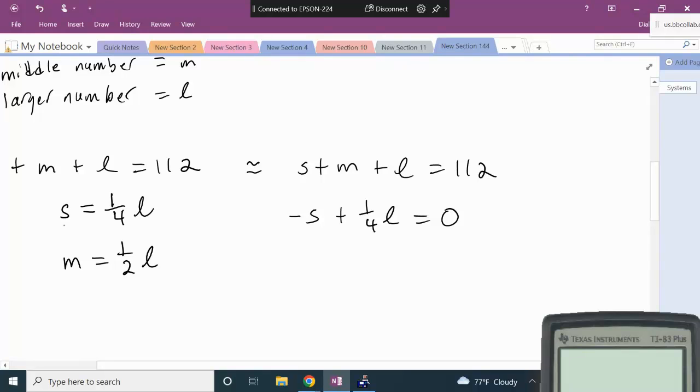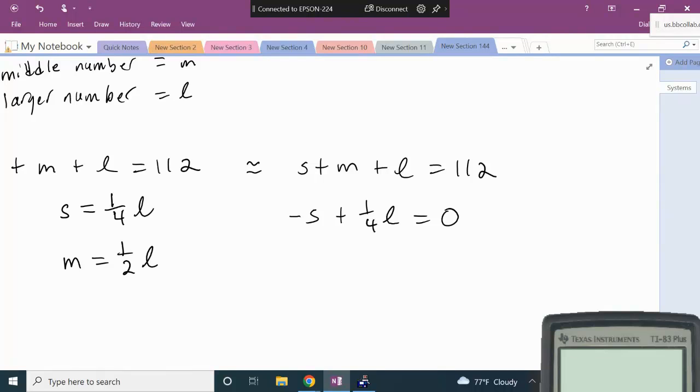On the left-hand side I get 0, and I flipped it around, so I have negative S plus 1/4 L equal to 0.